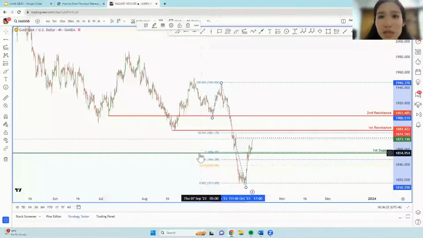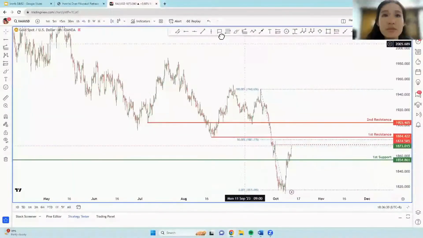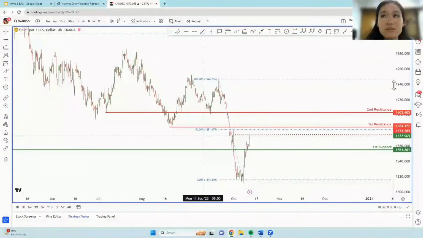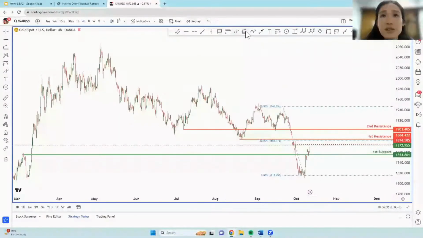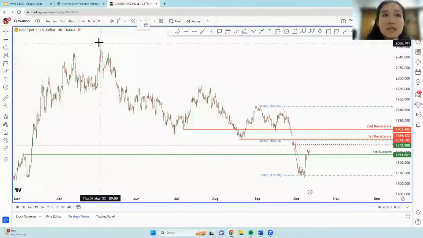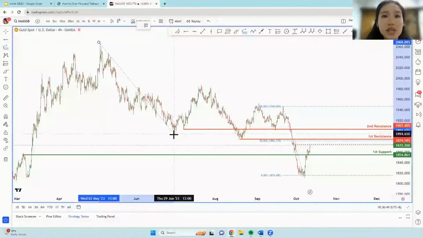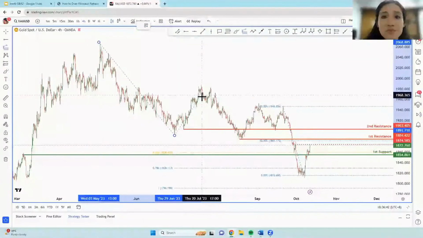But this is no longer valid because price has already broken out of the 100%. So even though it does line up with my first support, I can't use that anymore. Sometimes you do see some charts where it's a little bit more difficult to find Fibonacci levels.